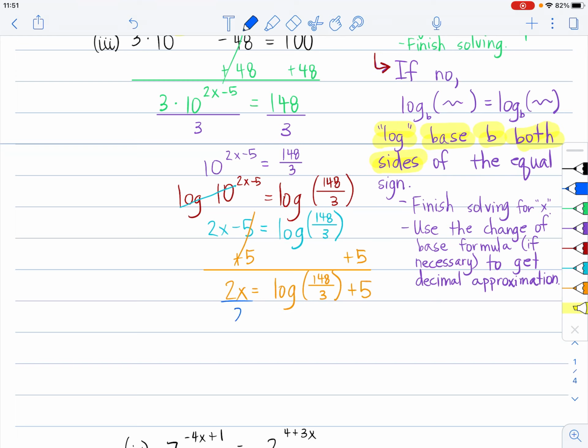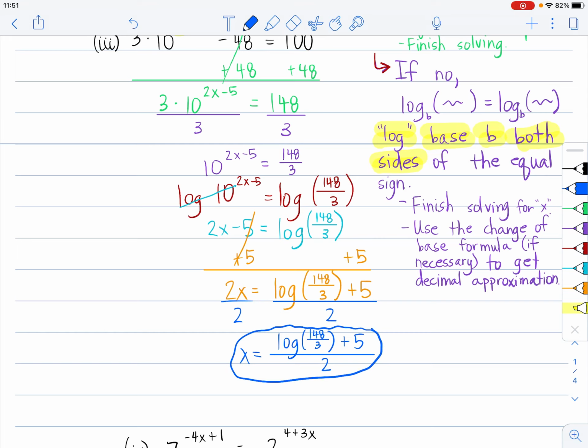Next, to finish solving for x, we're going to divide by 2 to get x equals log of 148 over 3 plus 5, all over 2. And this is my exact answer.